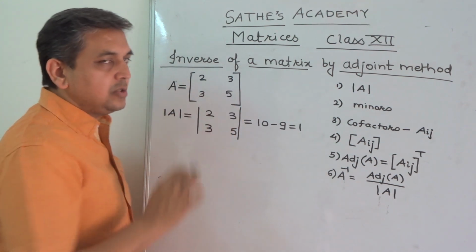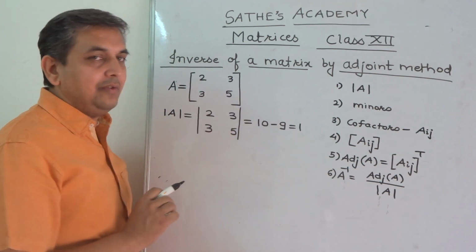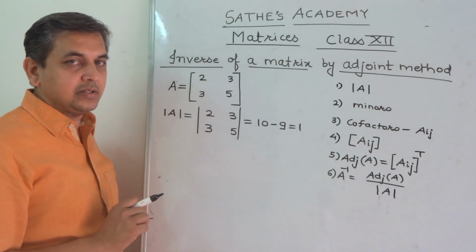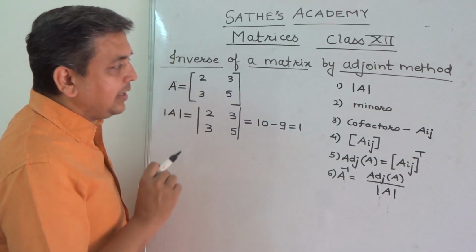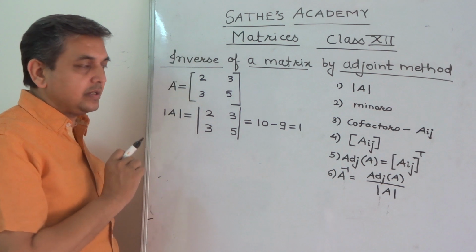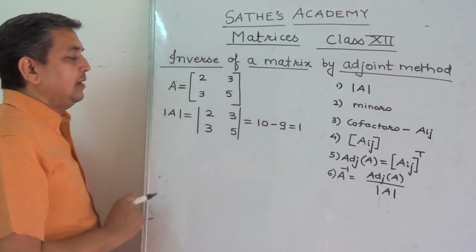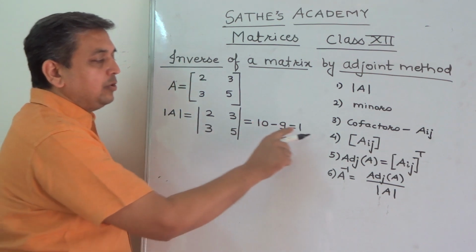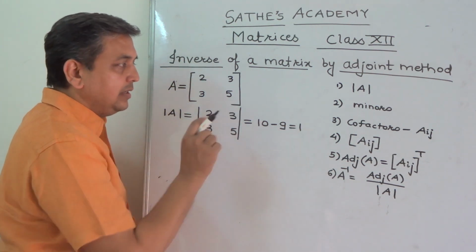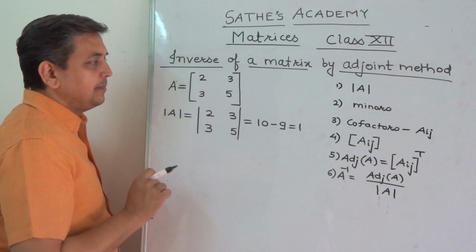If determinant is not equal to 0, then only we can find inverse of a matrix. The criteria for inverse to exist is the matrix should be non-singular. Determinant of A should not be equal to 0. Now this is 1, so we can find the inverse.